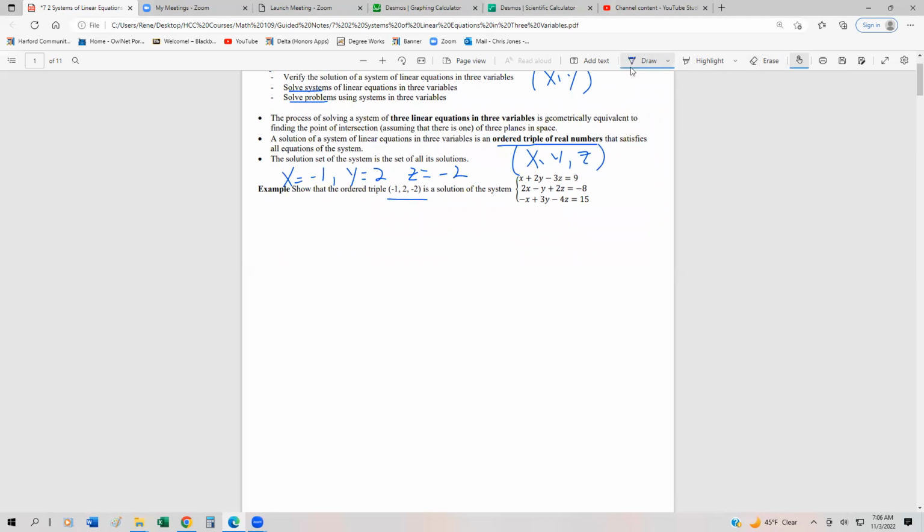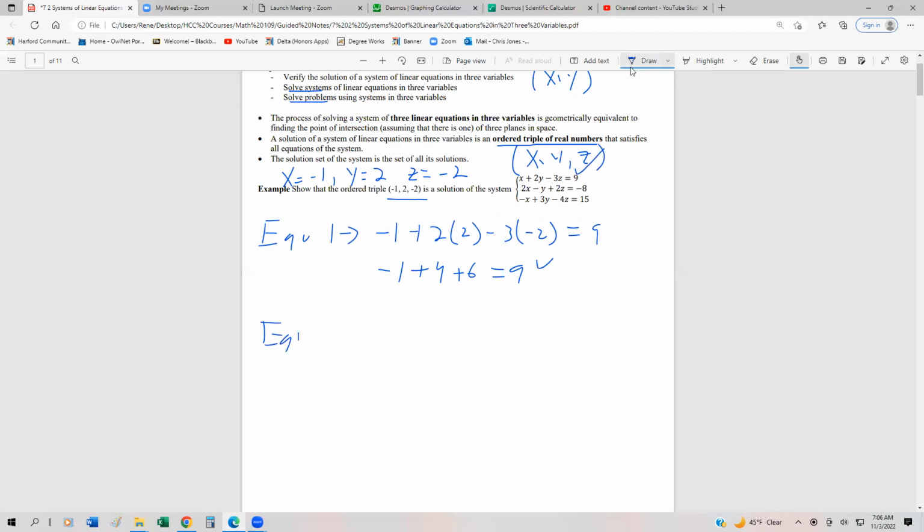Substituting into equation 1: -1 plus 2 times 2 minus 3 times -2 equals 9. This gives -1 plus 4 plus 6 equals 9, a valid statement. So the first equation is good.